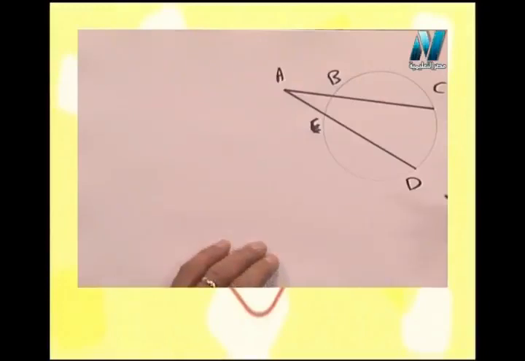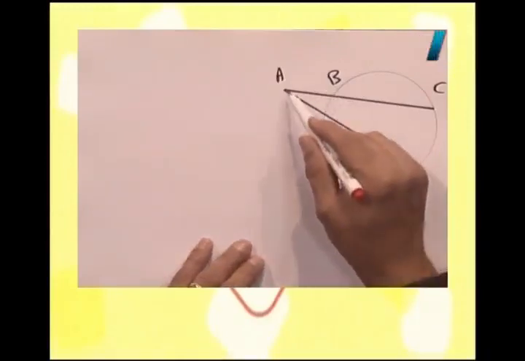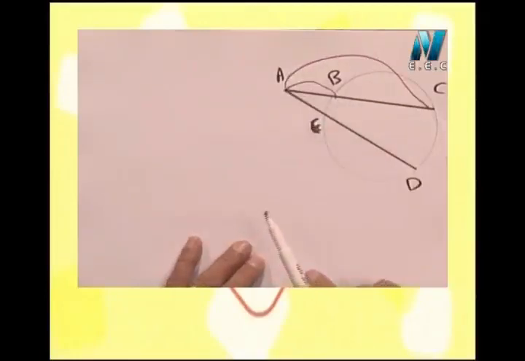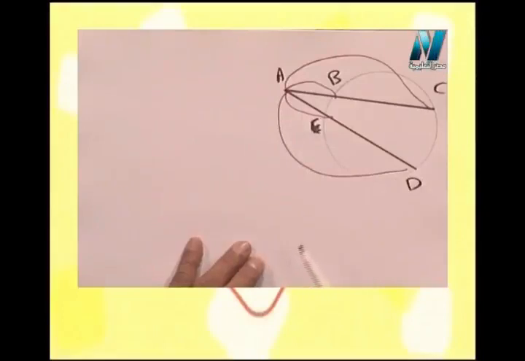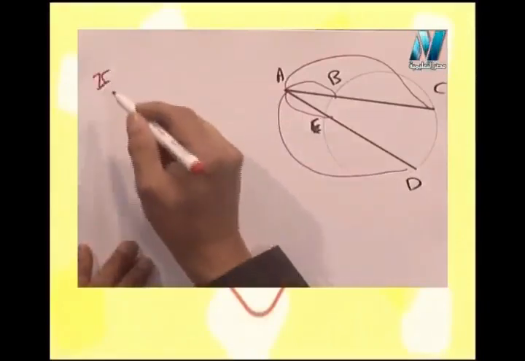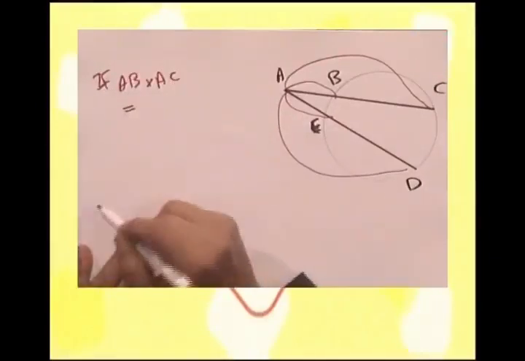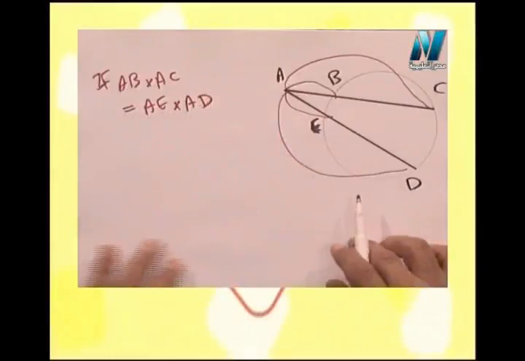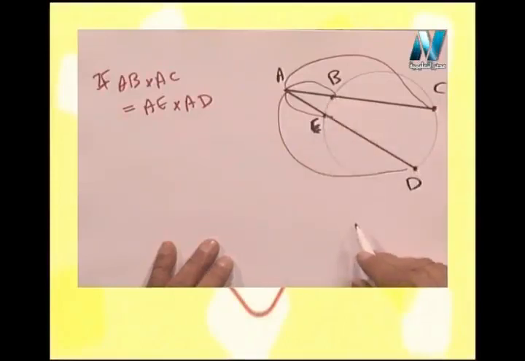We will suppose a circle, but if we prove that AB multiplied by AC equals AE multiplied by AD, that means AB times AC equals AE times AD, then we will easily prove that the points C, B, E, and D are on the same circle.